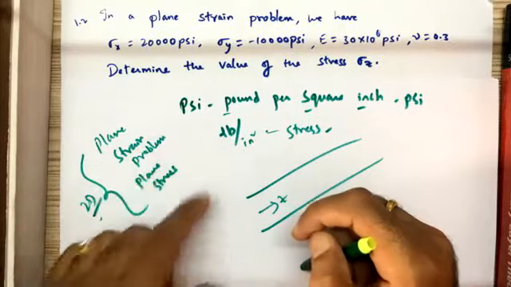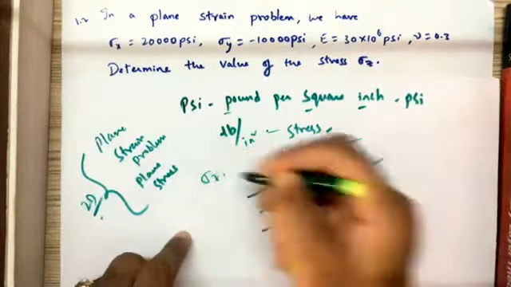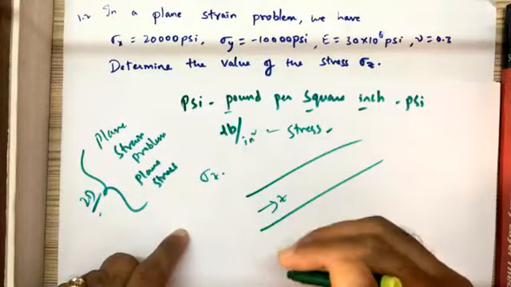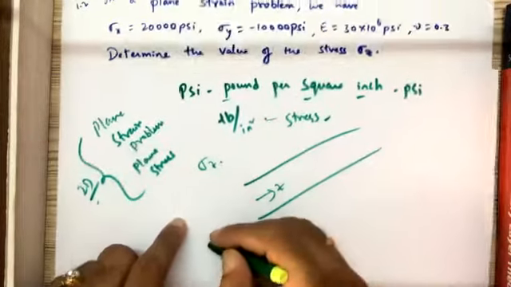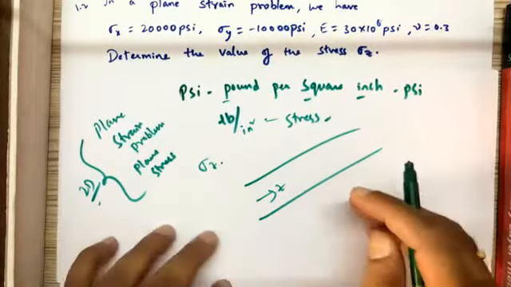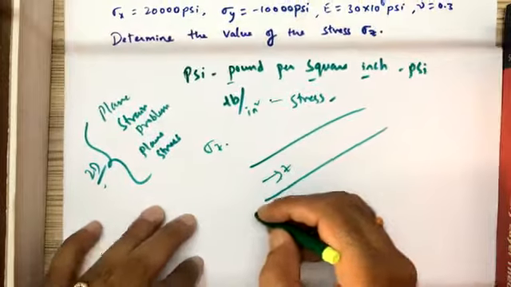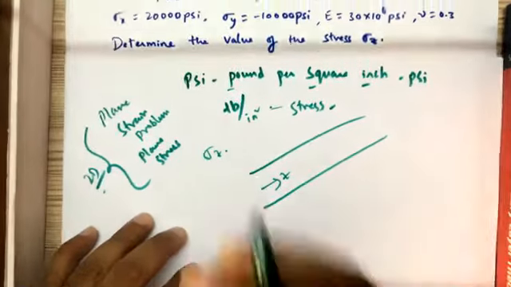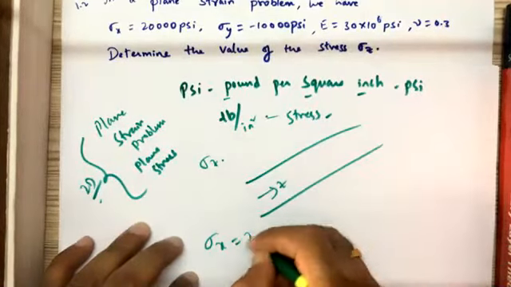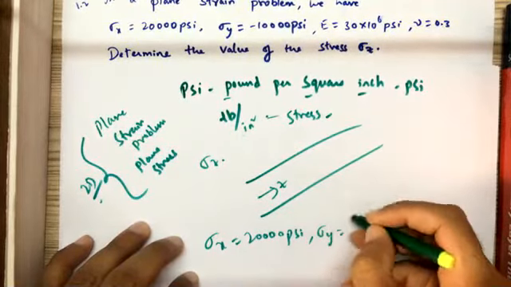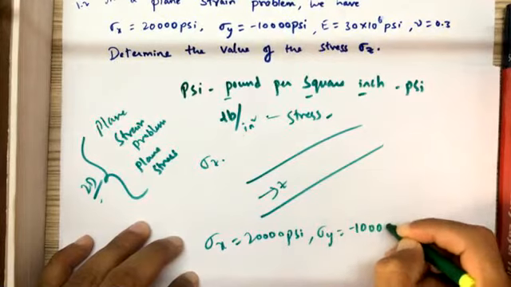Okay. So we are asked to find sigma z. There are two ways to do that. One way is, let us go with our stress strain relations, right? By the way, what is the data given? Sigma x is 20,000 psi. Sigma y is minus 10,000 psi.